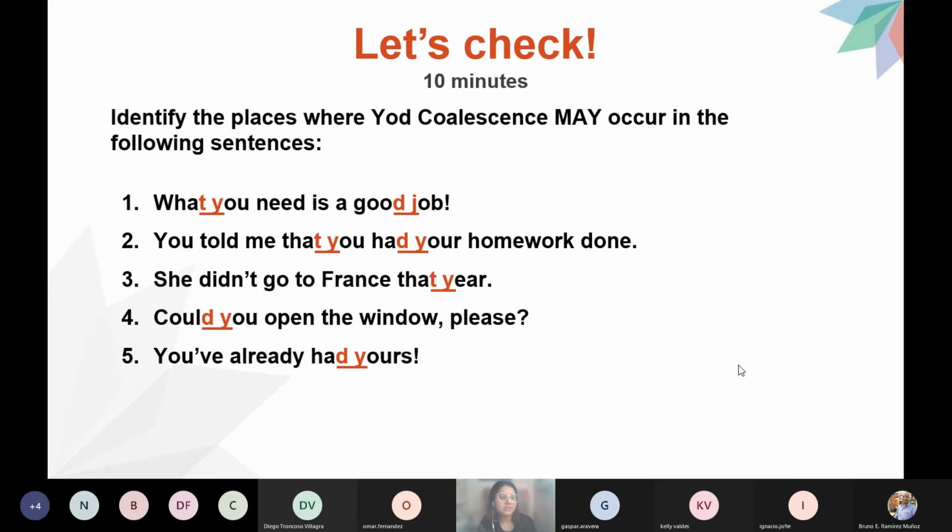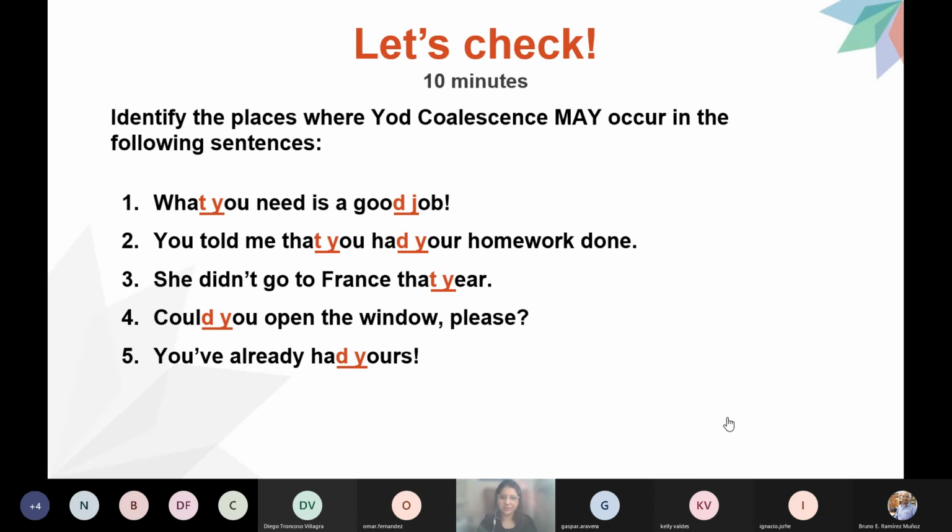But what I would recommend is that you write down the phonetic transcription of these examples and then write the transcription using yod coalescence. So it will be easier for you to notice where the changes are being made and the different ways you can pronounce the same sentences.